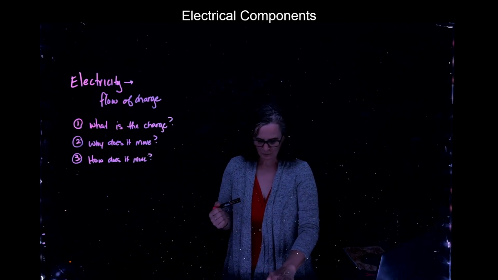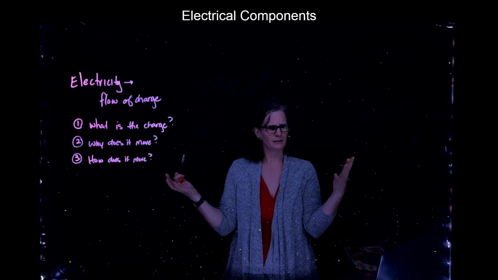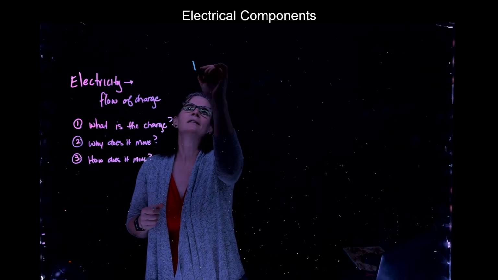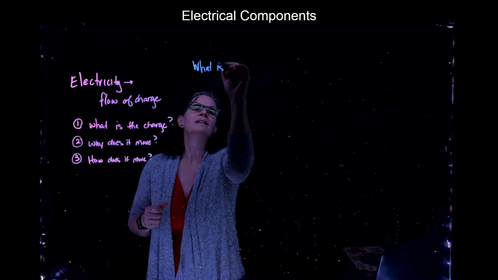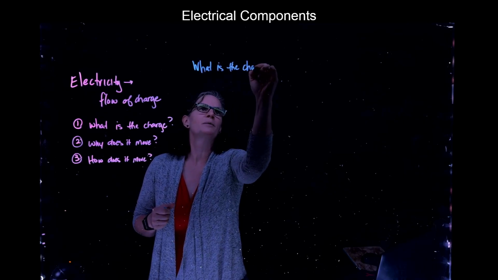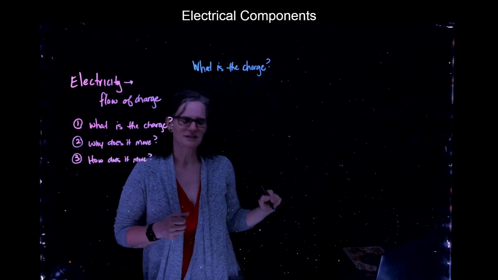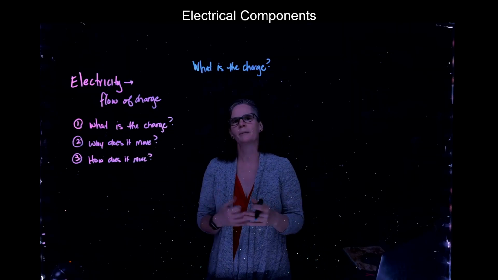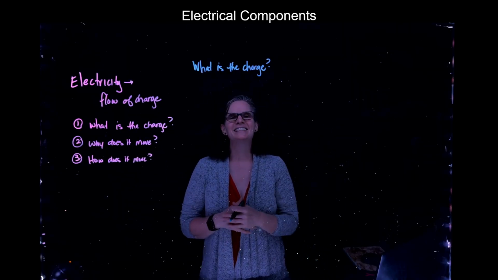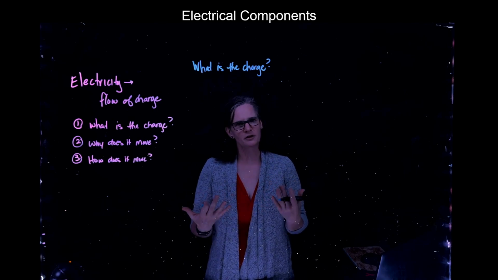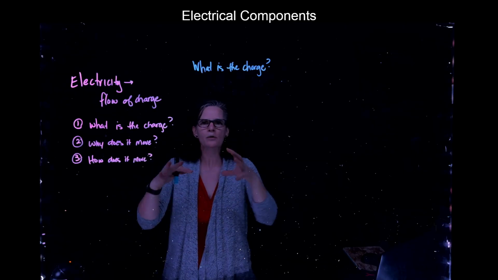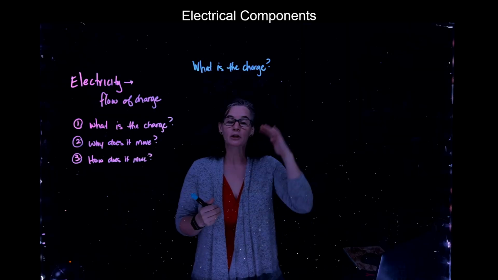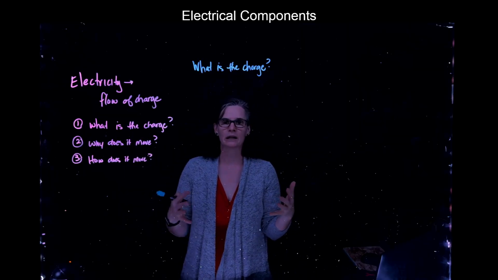All right, so what specifically flows to begin with? What is the charge that is flowing when we are talking about electricity? Well, we've learned that what's actually flowing is electrons. When we look at how electrons are bound to molecules, electrons are much more loosely bound, especially those in the outer layers of the electron shells, than protons.